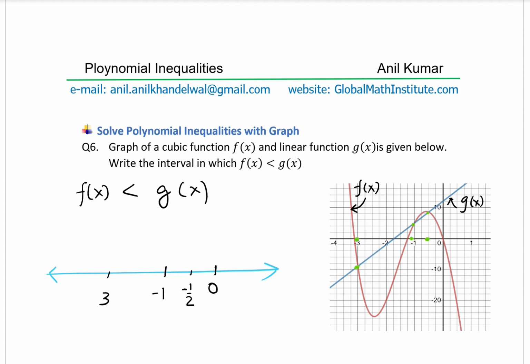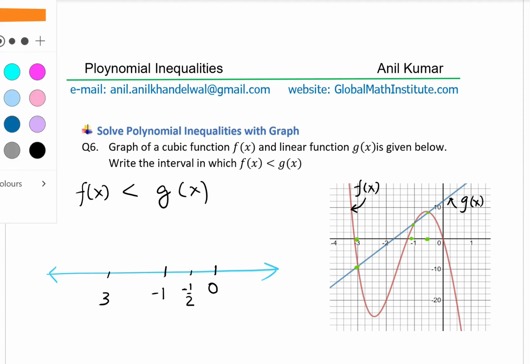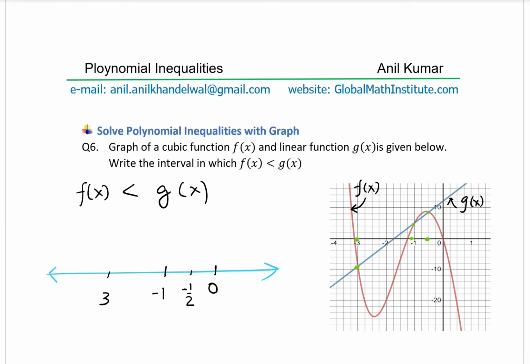Let me highlight this with a different color. So this portion is below. Clear? So that is the interval which we are interested in. And now we can show it on the number line itself.